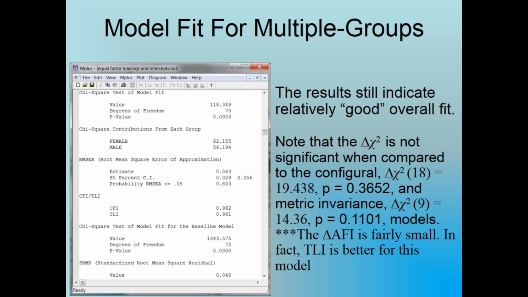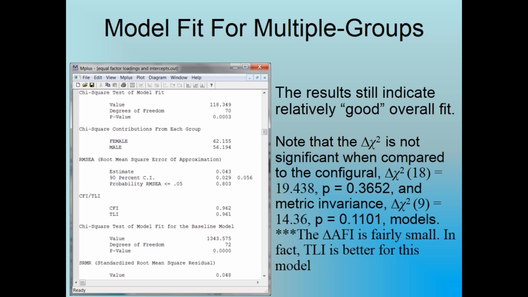This is critically important because that means the factor scores are being created in the exact same way for both males and females. As a result, you're comparing apples to apples. If your factor loadings or intercepts were different across the groups, you're now comparing apples and oranges because the equations being used to create the factor scores for males and females differ.